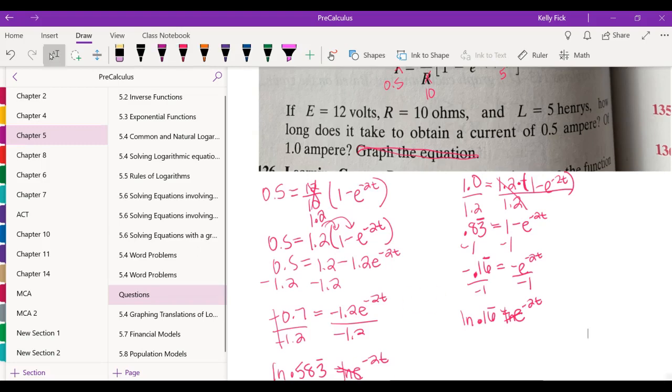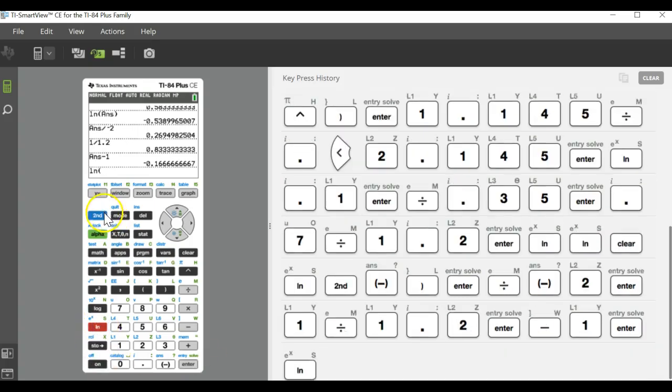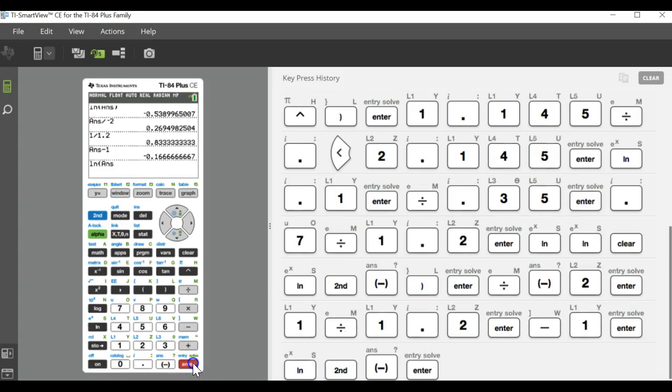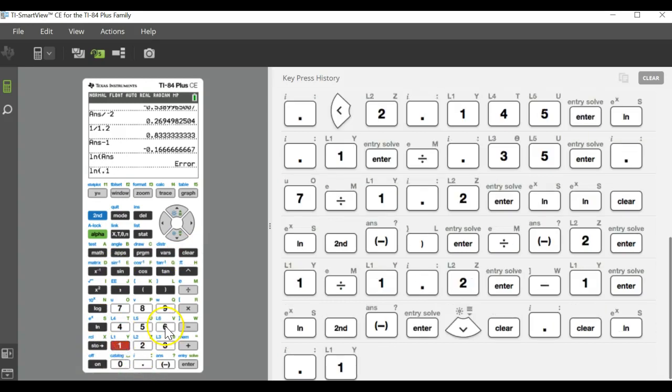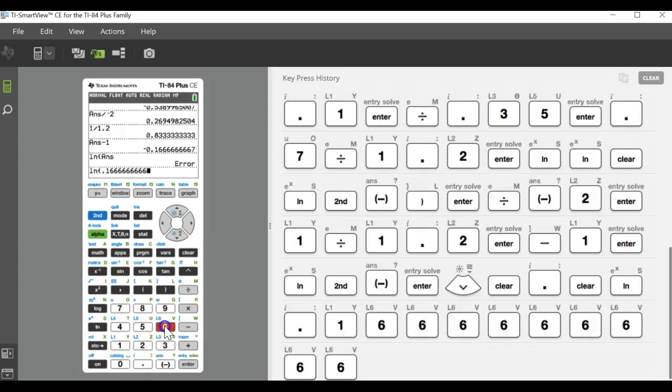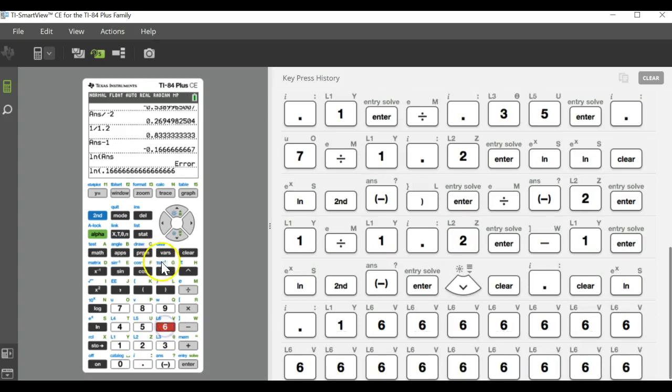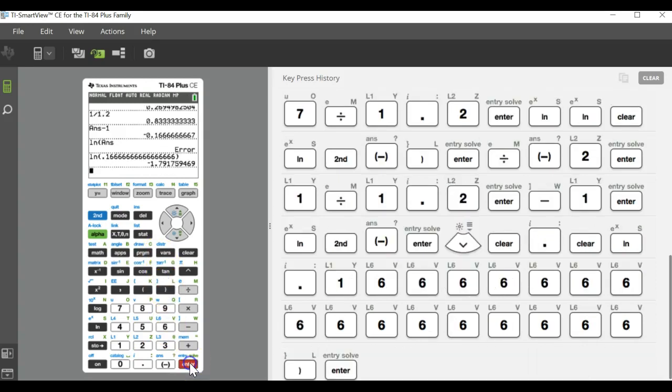The natural log of that, we just have a bunch of 6's, which is this number.